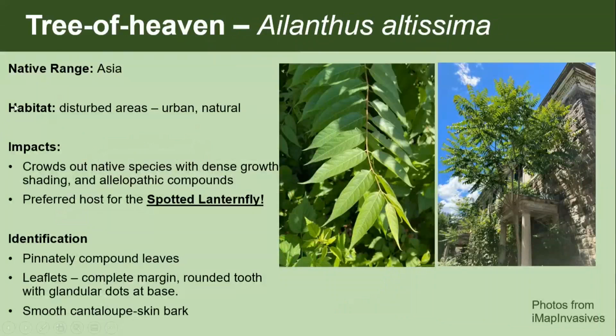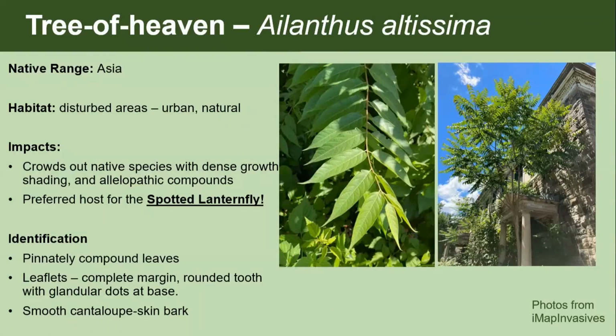The other piece is that they're all species that are of some sort of concern to our partners. Just an example for Tree of Heaven, it's a species from Asia. It grows in disturbed areas, both urban and natural areas, but it always needs some sort of light gap to grow. But it can even grow right in urban areas, right out of the concrete sometimes.